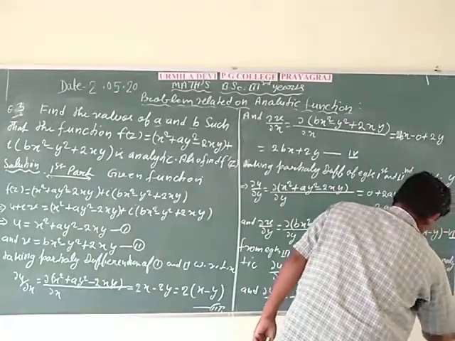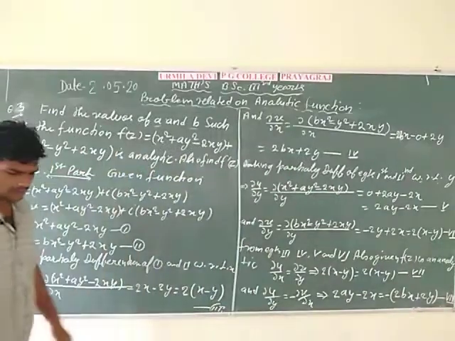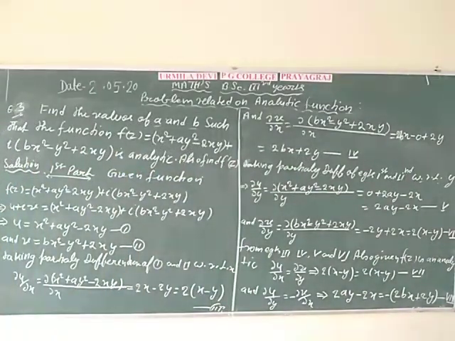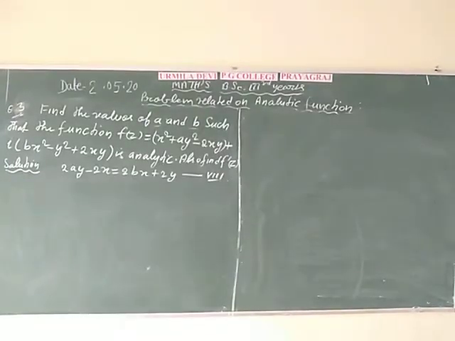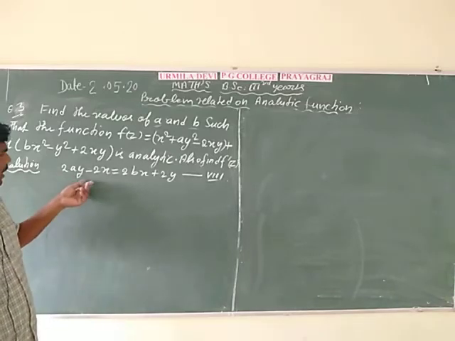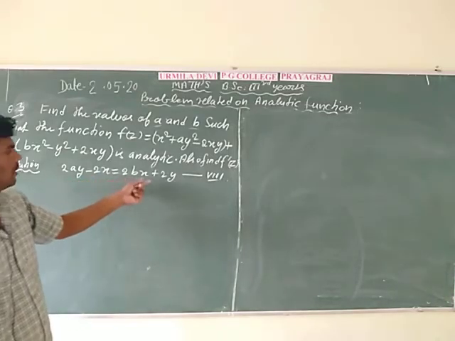From equation 8th, consider the values of small a and b. From equation 8th, 2ay minus 2x is equal to 2bx plus 2y.